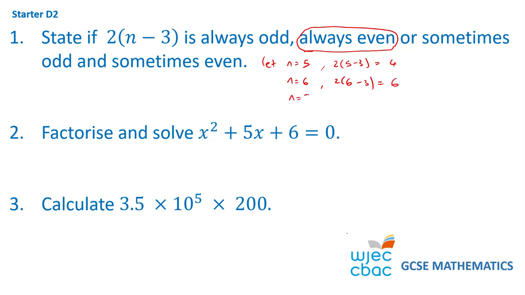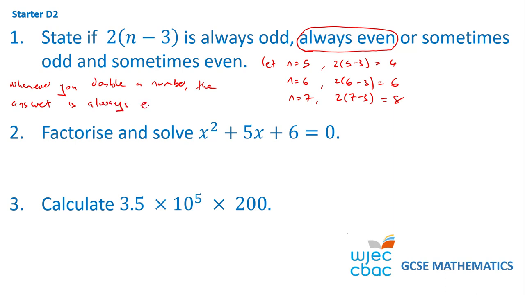And if we try n equals 7, then we get 2 times 7 minus 3, so 4 times 2, which is 8. So we can write here, whenever you double a number, the answer is always even.